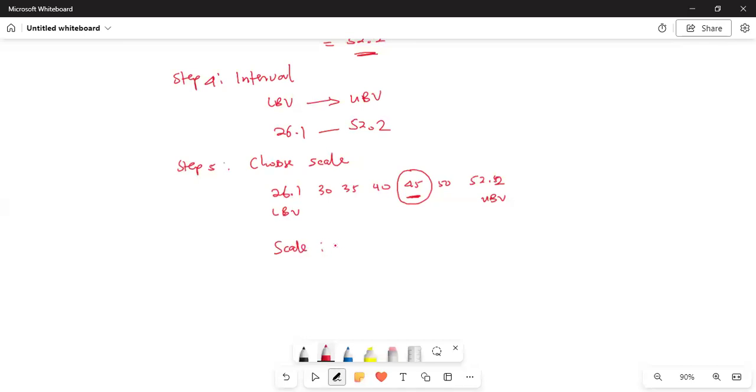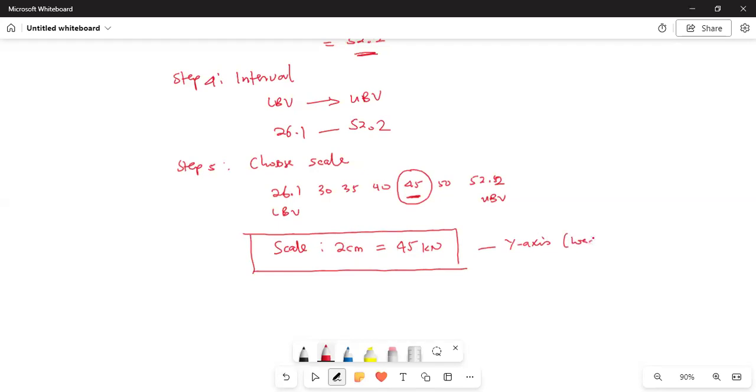The scale now is 2 centimeters is equal to 45, now in kilonewton, because you should know that our values are in kilonewton. So this is now my scale for y axis, which is actually the load axis.